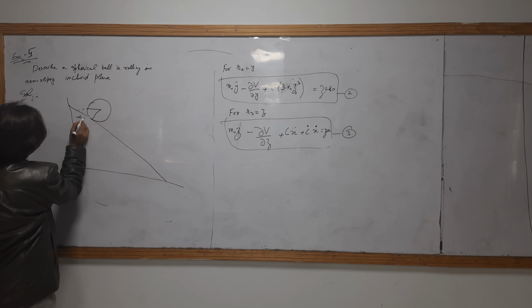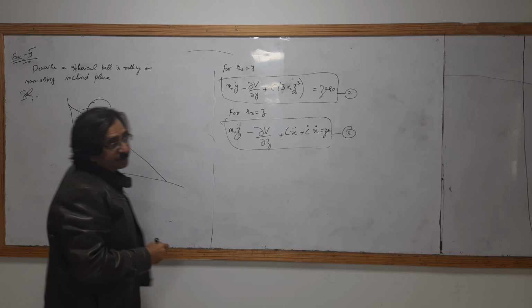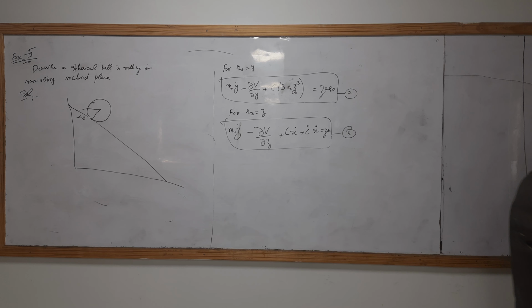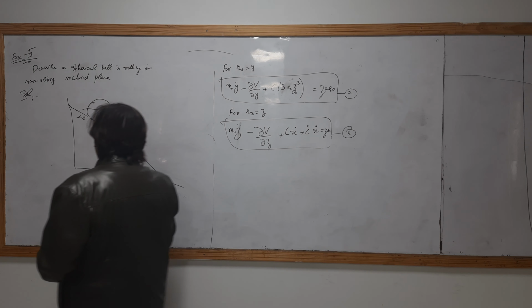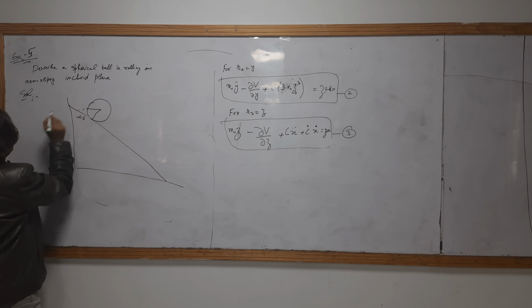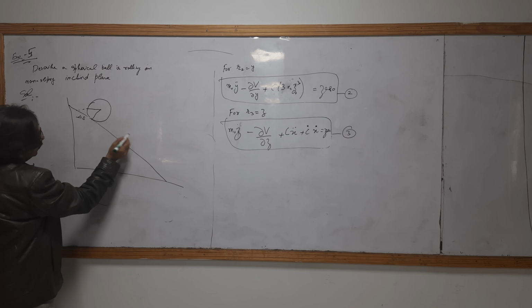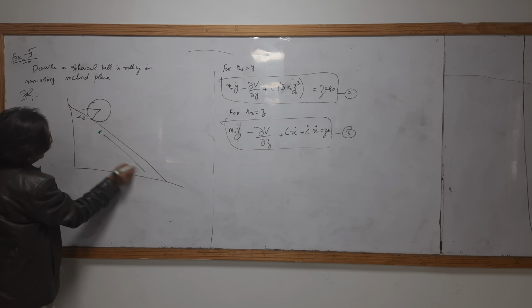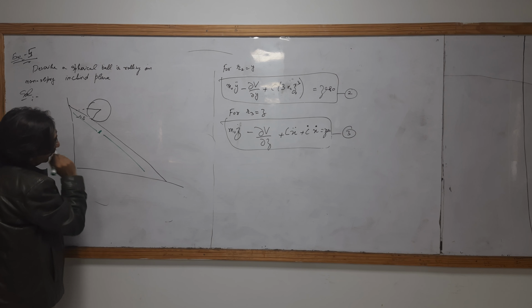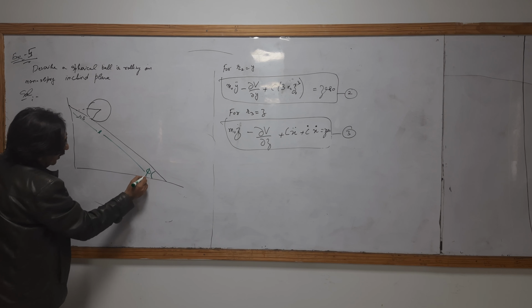If that distance is delta s, the total length is L, and this angle is phi.